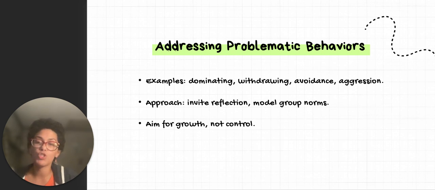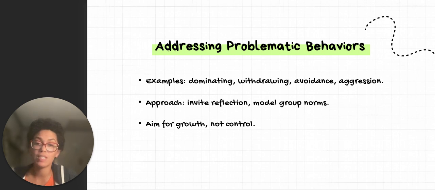So one approach to addressing problematic behavior is to create a space for the member to reflect on their actions. An example of this would be if a member is dominating the conversation, the leader might gently ask them to consider how their behavior is affecting the others in the group.